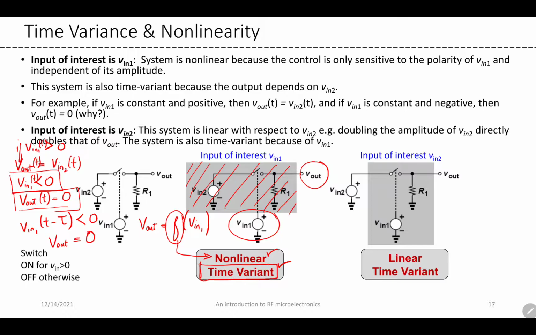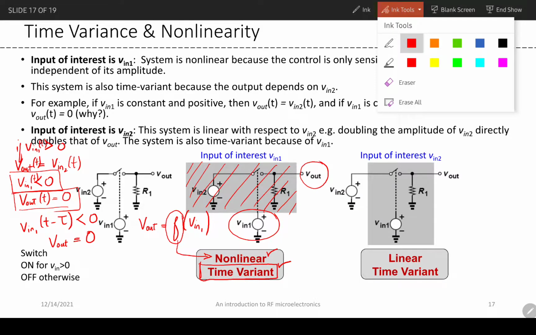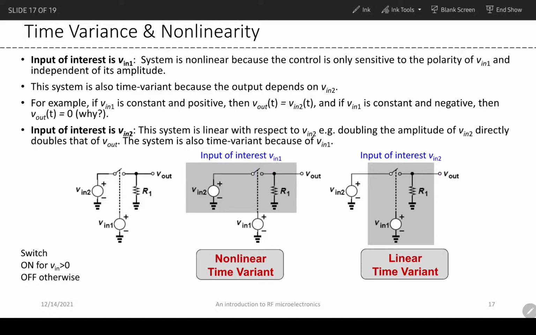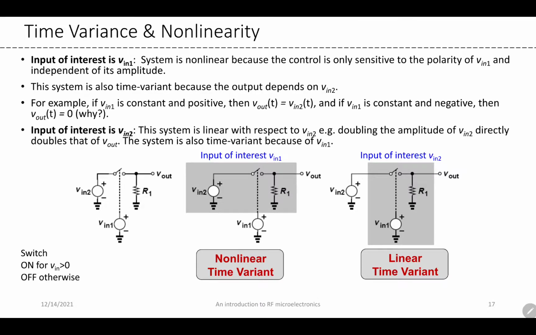Okay, now let's look at the other case. Now if we say that the input of interest is V in 2 and not V in 1, so all of this is a black box and this is your input of interest. Now what happens to V out? V out is simply V in 2, right?